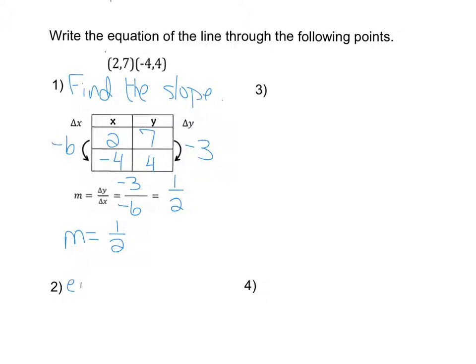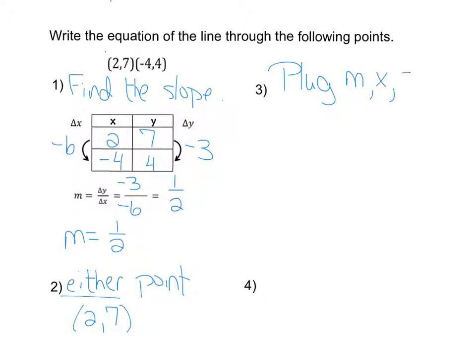Now I'm going to choose either point. So I look at my 2 points. Doesn't really matter. I'm going to choose (2, 7) just because they're both positive. You might like (-4, 4) because 4 is smaller than 7. I like to work with positive numbers because I'm less likely to make mistakes. Okay, so now we're going to plug m, x, and y into y equals mx plus b.